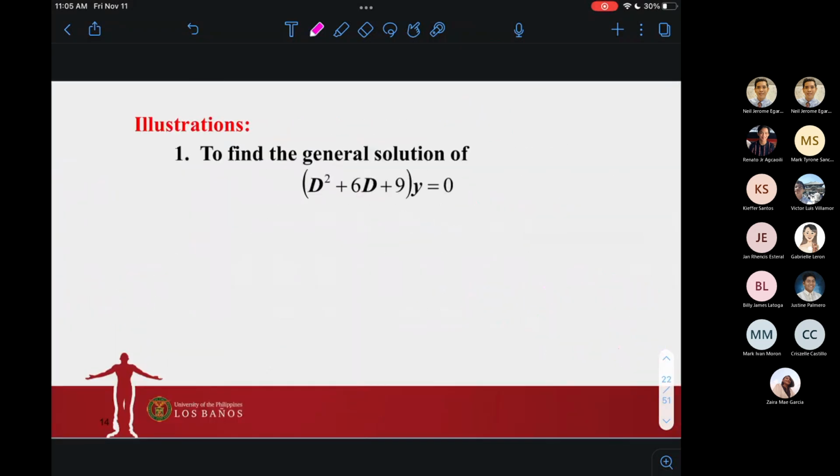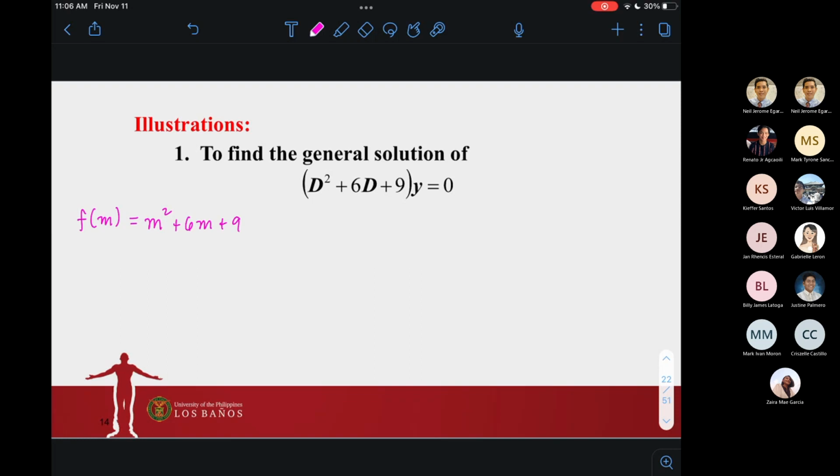So siguro it would be more concrete if we look at a specific example. So this case, let's solve the differential equation d squared plus 6d plus 9 applied to y equal kay 0. Our auxiliary polynomial is a quadratic one, and it is m squared plus 6m plus 9.